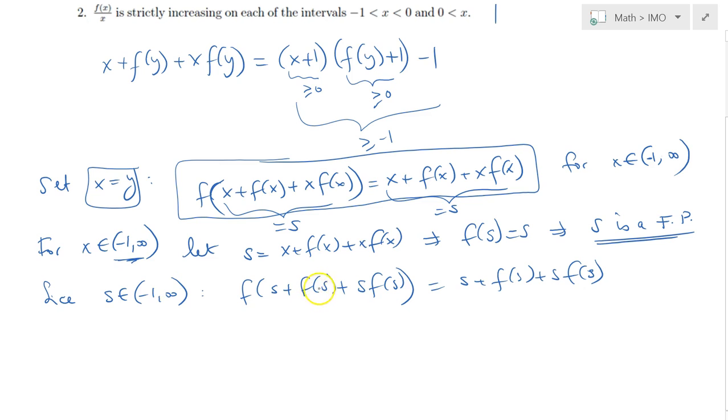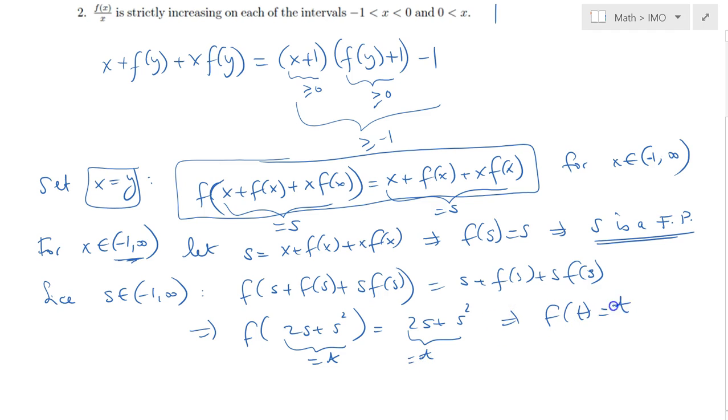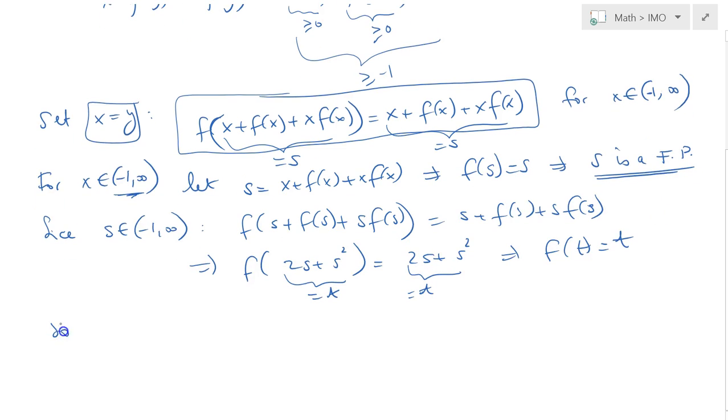But notice that s was a fixed point, so f of s comes out as s, and we have f of (2s plus s squared) equal to 2s plus s squared. But this is another fixed point, so you can simply call it t. So this implies f of t is also equal to t. So we have found a new fixed point: t, which is equal to 2s plus s squared, or I can factorize it as s times (s plus 2), is another fixed point.